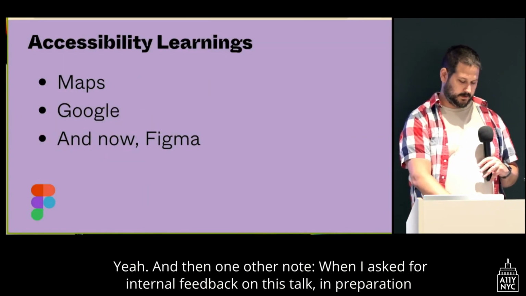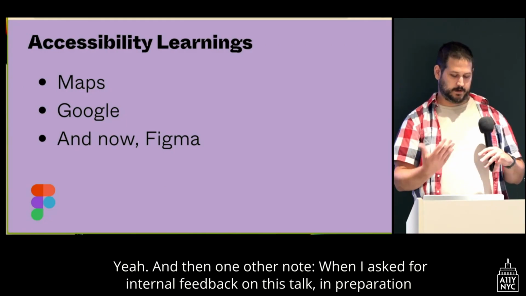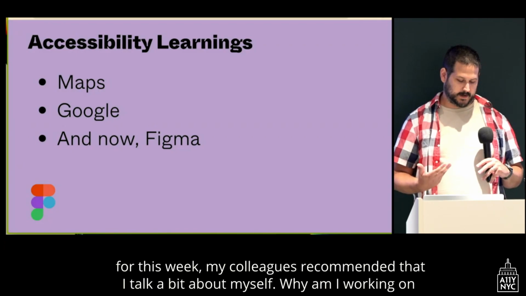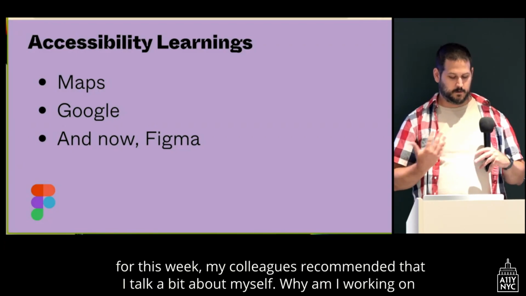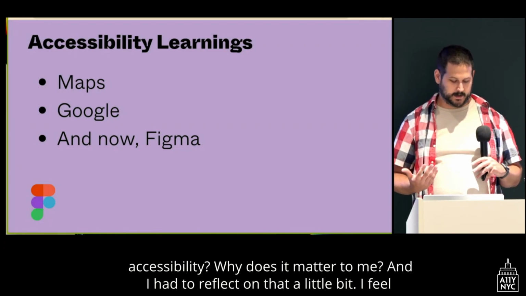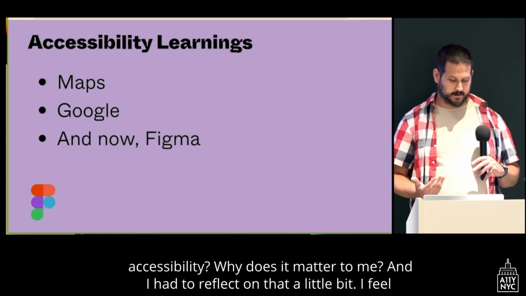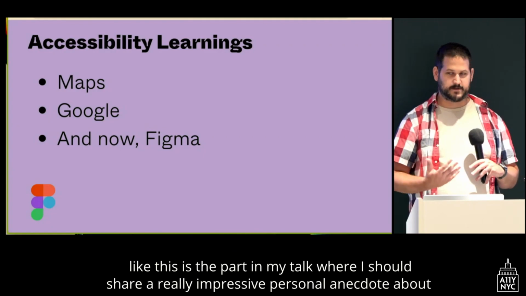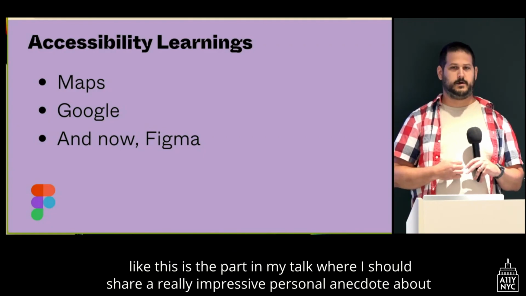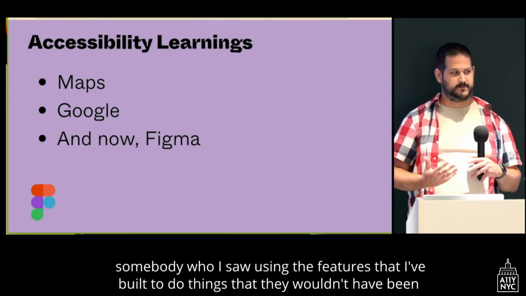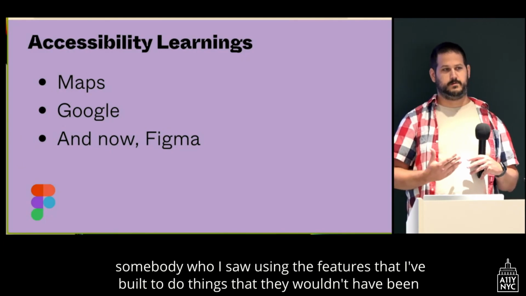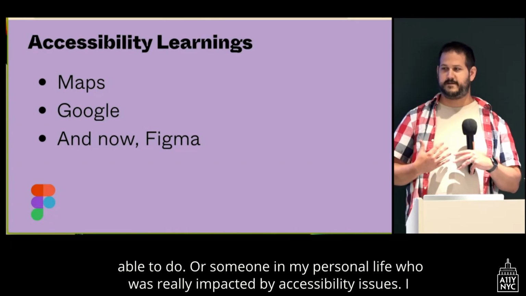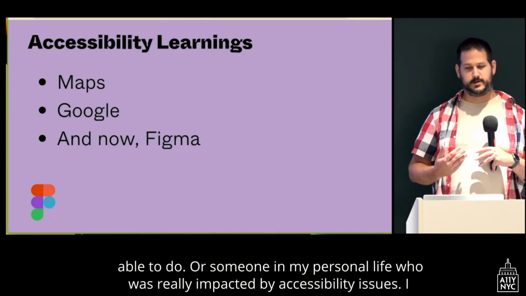One other note: when I asked for internal feedback on this talk in preparation for this week, my colleagues recommended that I talk a bit about myself. Why am I working on accessibility? Why does it matter to me? I had to reflect on that a little bit. I feel like this is the part in my talk where I should share a really impressive personal anecdote about somebody who I saw using the features that I built to do things that they wouldn't have been able to do, or someone in my personal life who's really impacted by accessibility issues.